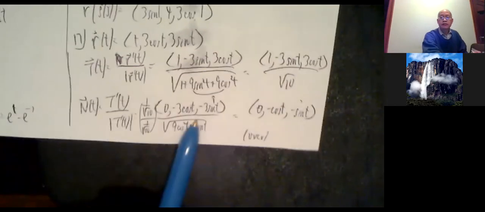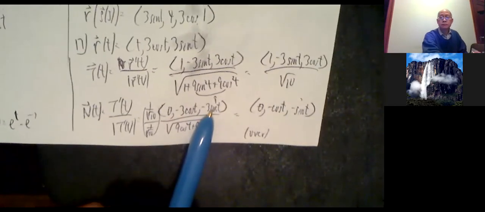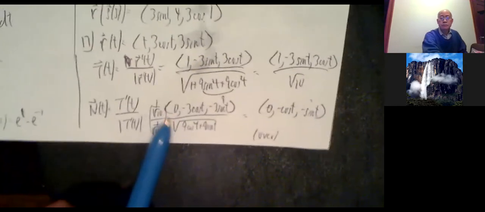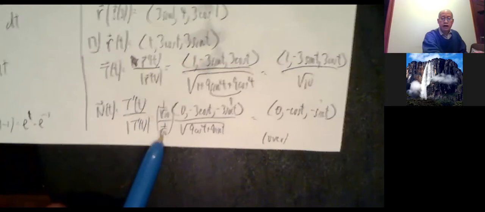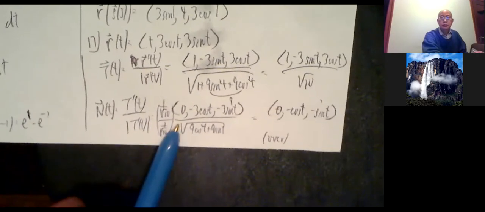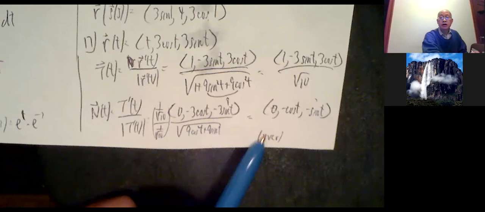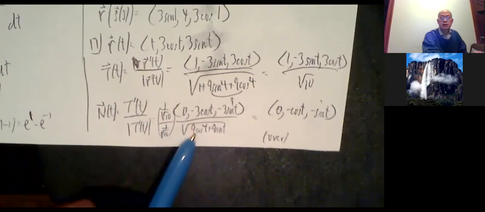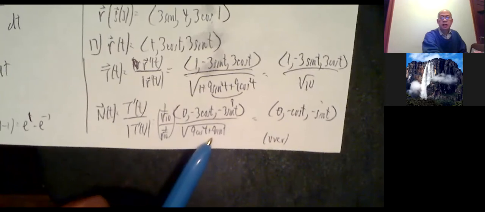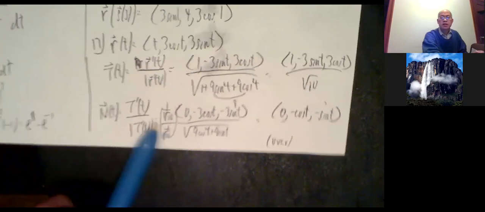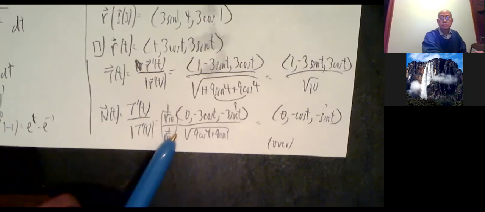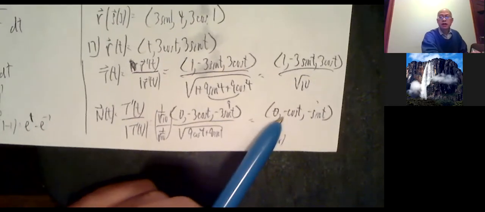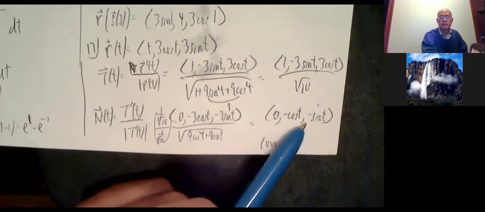Derivative of that is negative 3 sine t. And I divide that by 1 over radical 10 times square root of 0 plus 9 cosine squared t plus 9 sine squared t. These just cancel out. So a unit vector would be 0, negative cosine t, negative sine t.